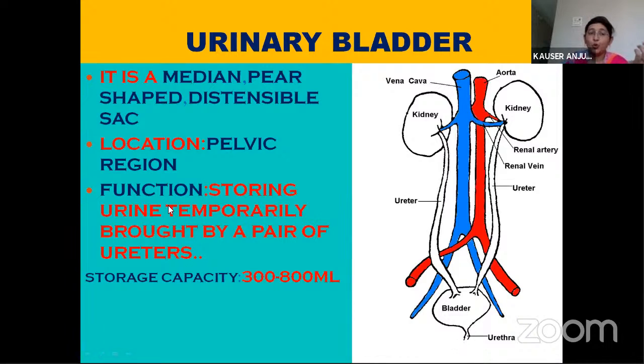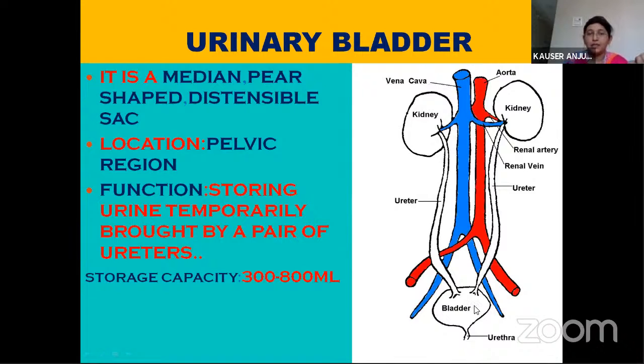So storing urine temporarily, brought by a pair of ureters, is the function of the urinary bladder. Now coming to the capacity, how much urine can it accommodate? It can accommodate 300 ml to 800 ml of urine. So the minimum capacity is 300 and the maximum it can accommodate is 800 ml of urine.